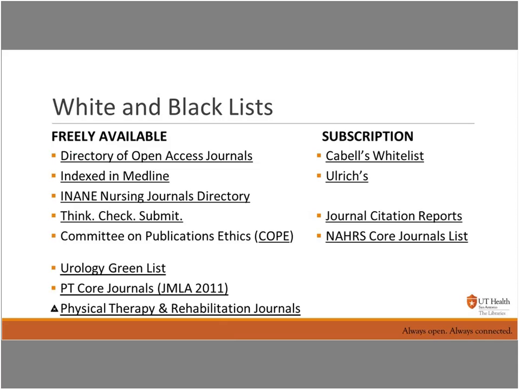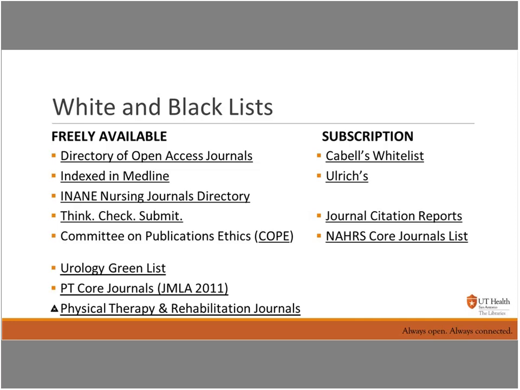Ulrich's, the publisher has to identify whether they're peer-reviewed or not, but if something's in Ulrich's, it's less likely to be predatory. Journal Citation Reports is really useful. For Journal Citation Reports you have to have been publishing for 3 years and apply for approval.